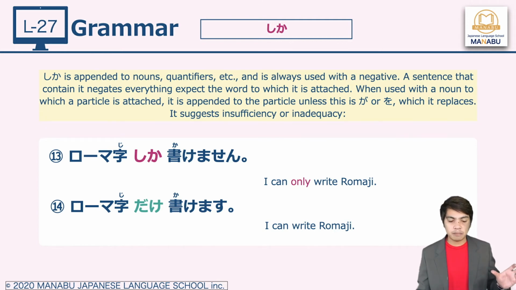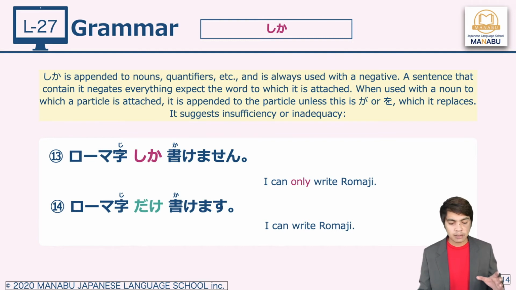So a negative potential verb. From kakemasu, I can write. Kakemasen, I cannot write. So this means I cannot write Japanese characters, or I cannot write except romaji. Okay, romaji shika kakemasen. I can only write romaji and nothing else.